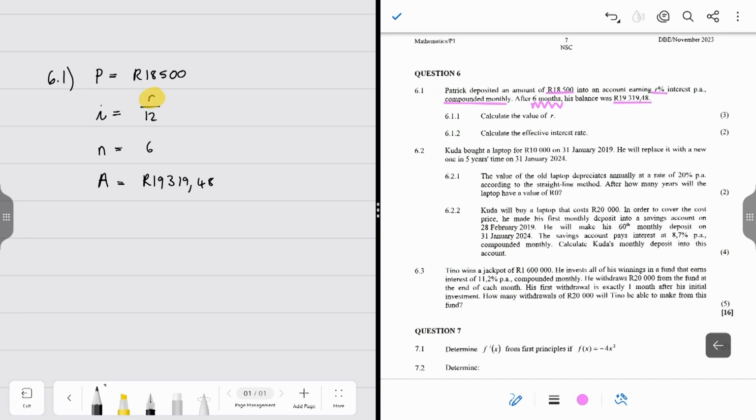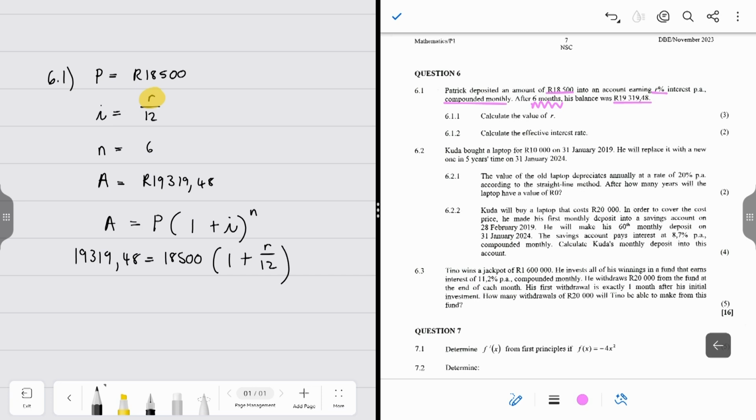So let's put this all into our formula, and our formula is A equals P bracket 1 plus I to the N, the way you see it on your formula sheet. Subbing in what we know, which is A, 19,319.48 equals P, which is 18,500, bracket 1 plus, and what we're going to put in for I is R over 12.